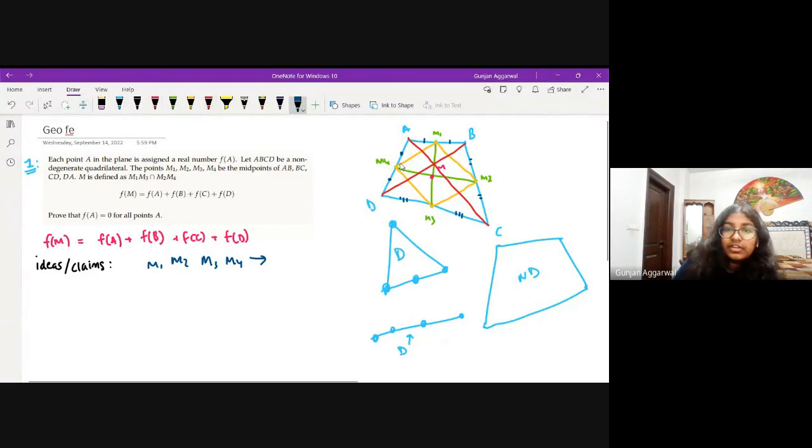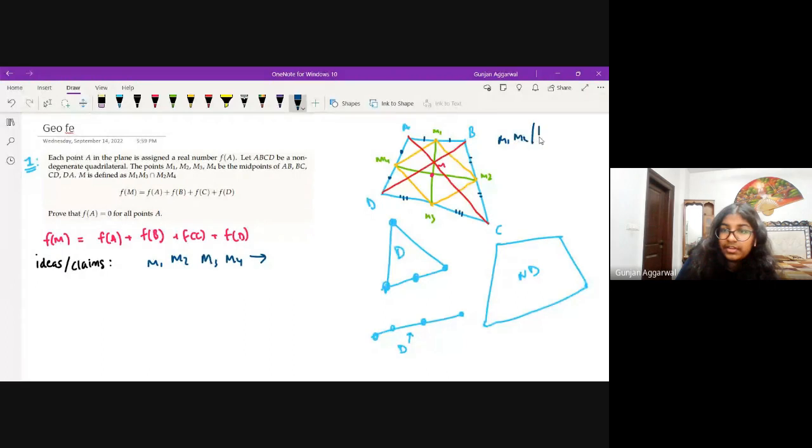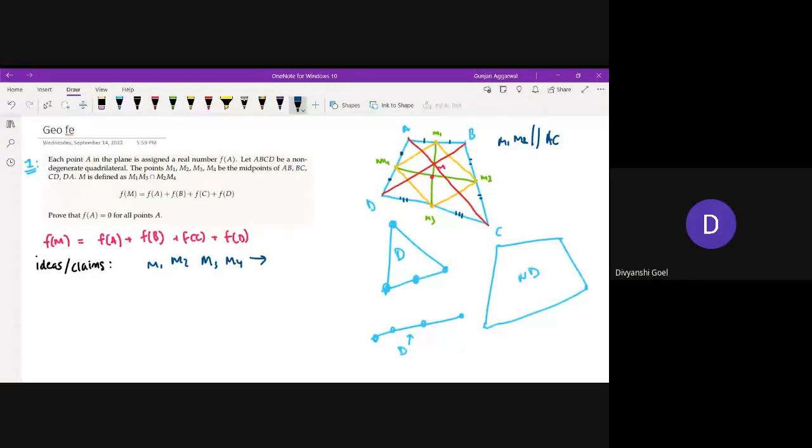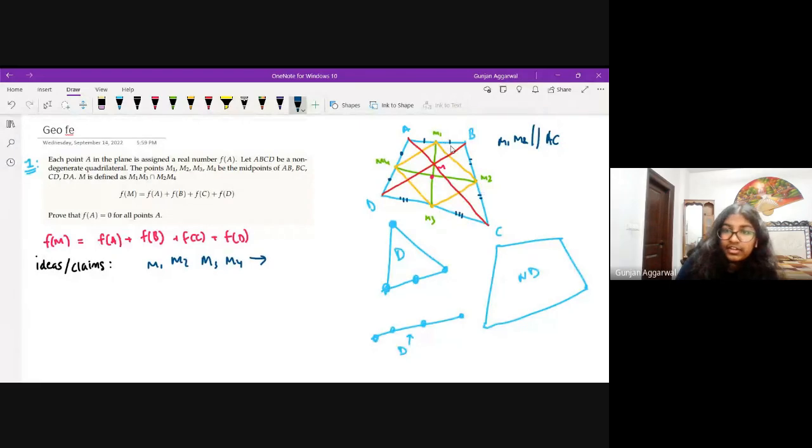Can you see that M1, M2 will be parallel to PC? Yes, ma'am. Can we apply the midpoint theorem over here? Exactly. This will be parallel to this because of the midpoint theorem.